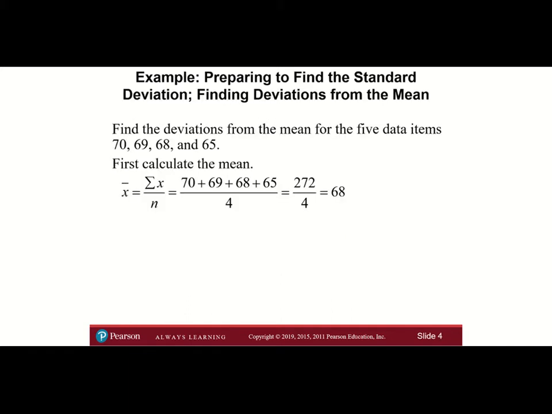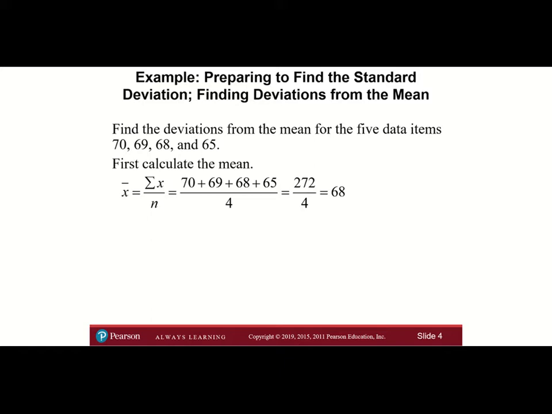The next thing that we're going to look at in this section is how to find the standard deviation from a mean or an average. First, we're going to find the deviations from the mean for the data items. The first thing you have to do when finding the standard deviation is to calculate the mean.